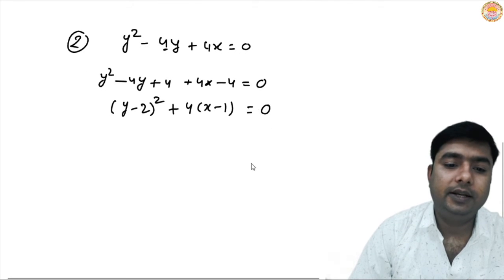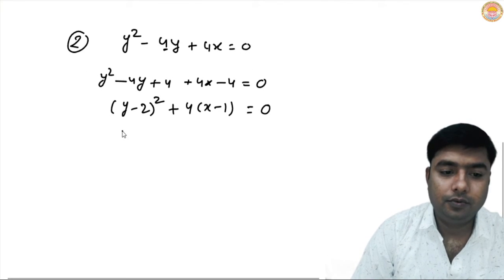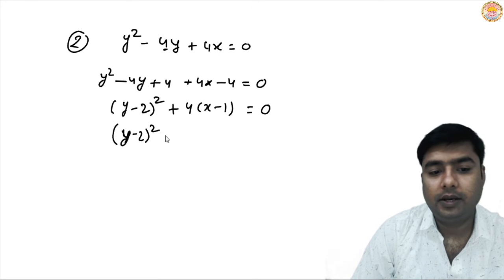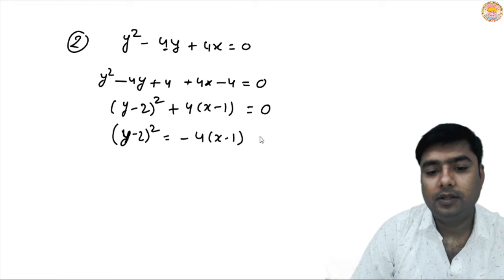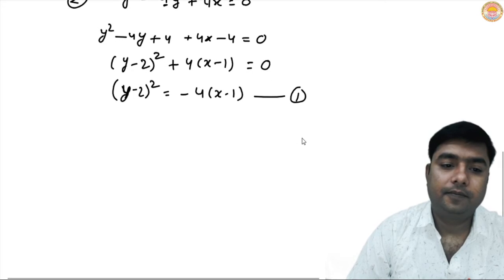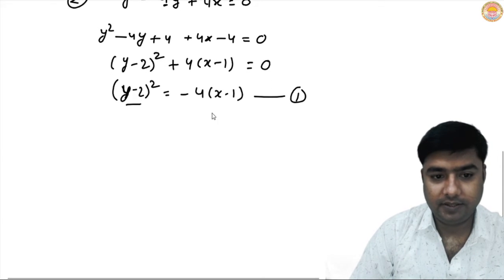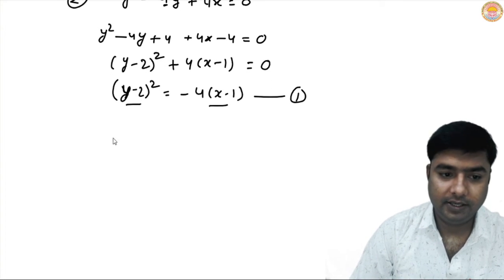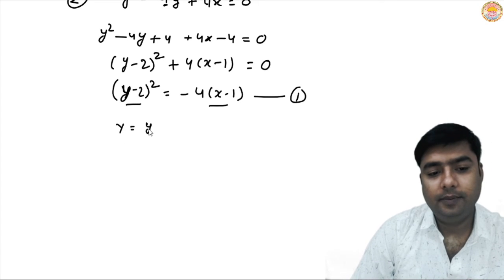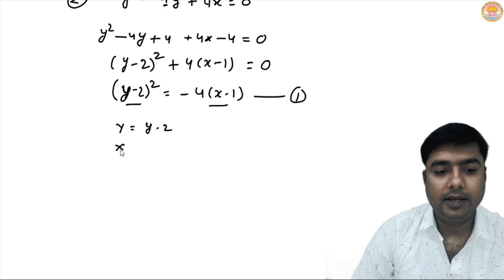Now we can write y minus 2 whole square equals minus 4 times x minus 1. This is the parabolic equation. We know that this is not a standard parabola, so we take capital Y equals y minus 2 and capital X equals x minus 1.